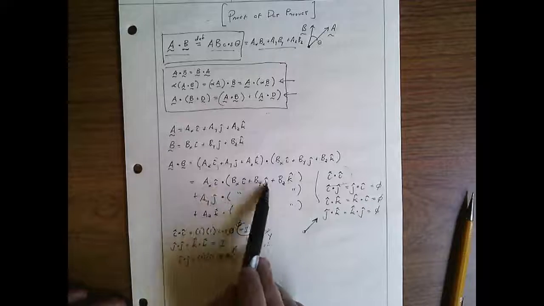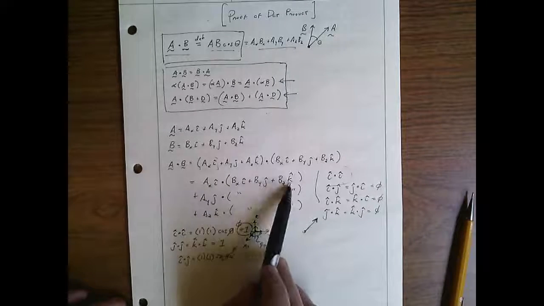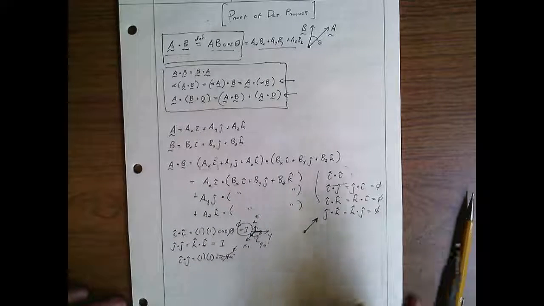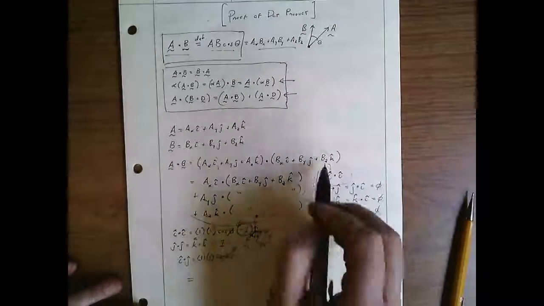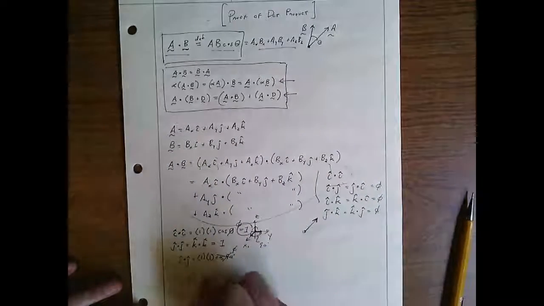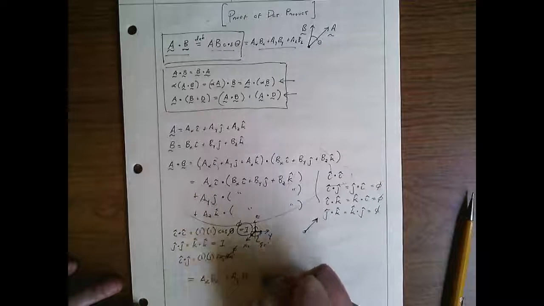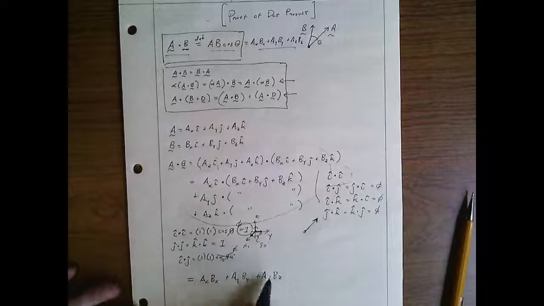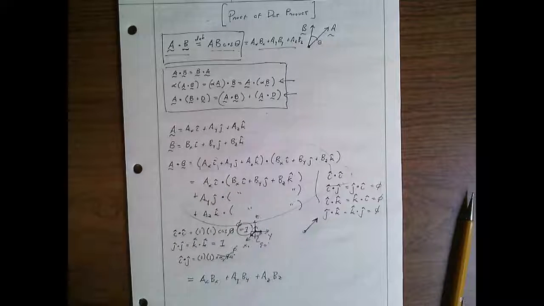So any mixed terms, I hat with J hat, I hat with K hat, J hat with I hat, J hat with K hat, are all going to fall out. At the end, if I work with this whole form and apply these concepts, what you're left with is AX BX plus AY BY plus AZ BZ. So only the terms that represent the component along that vector dotted with the same component along the other vector.